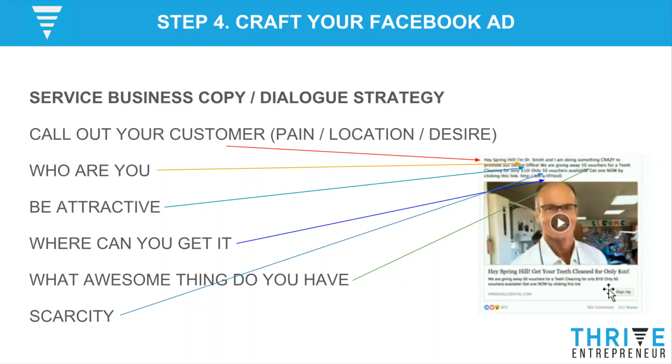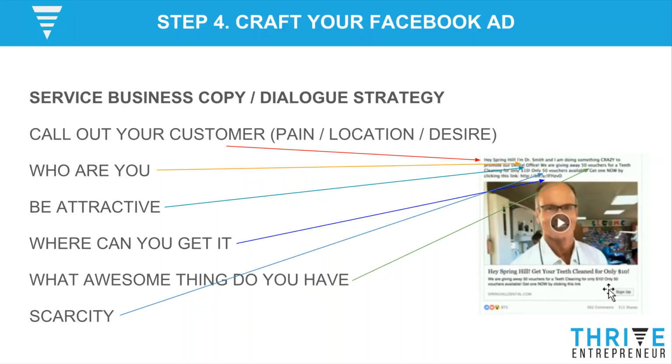For example, we might say, hey Christchurch ladies, we're running a 21-day challenge to help you get fit and strong without having to motivate yourself. If we run something like that, that's going to work.